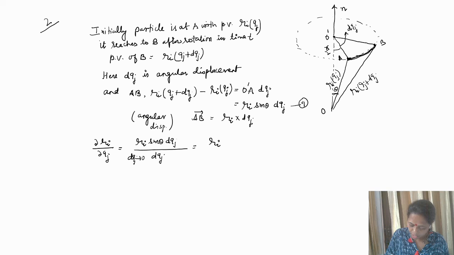So it is Ri sine theta. So for vector form, you may write it as n cross Ri, right?